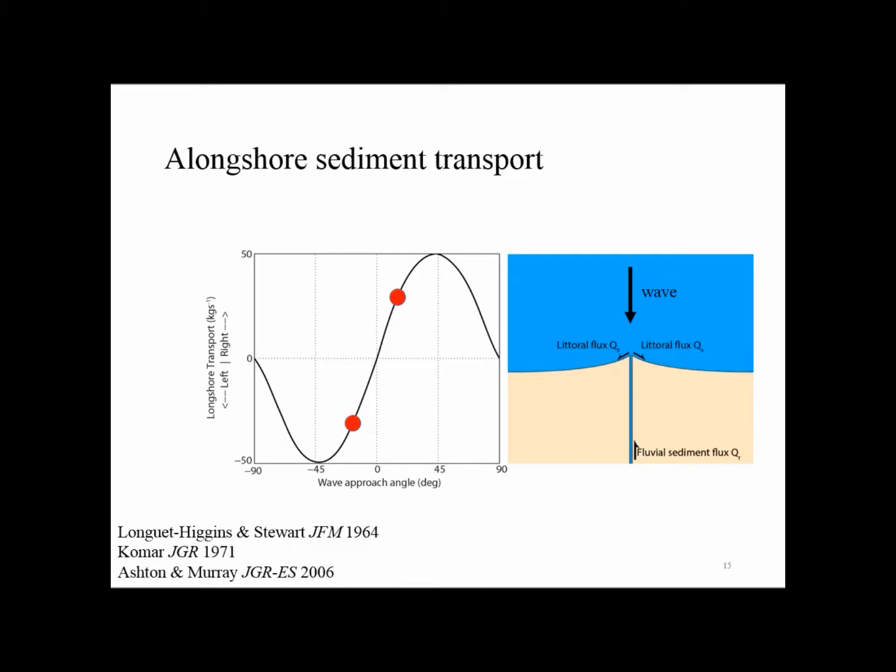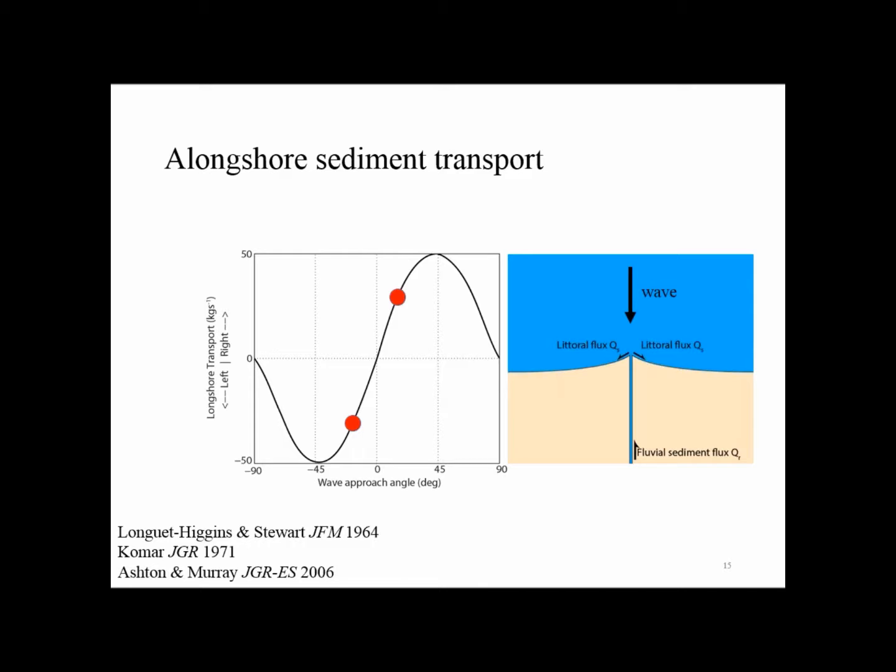That sediment tends to pile up around the river mouth, and because of the angle that sediment makes with respect to these incoming waves, you now have a wave that approaches the coastline at an angle. That angle then creates an alongshore sediment transport, so that is the origin of this smooth coastline shape.